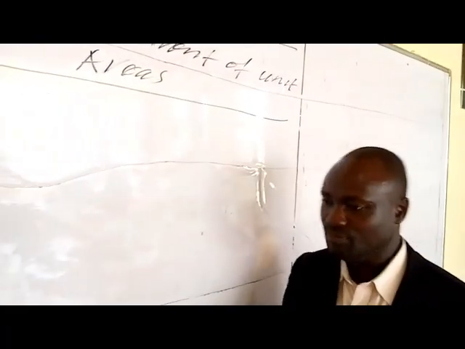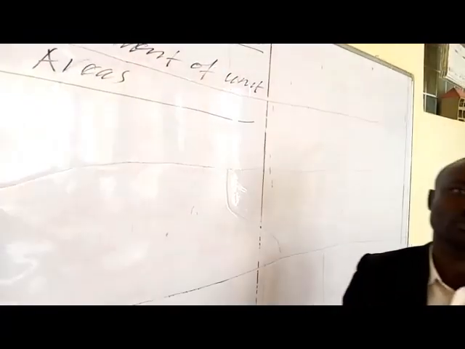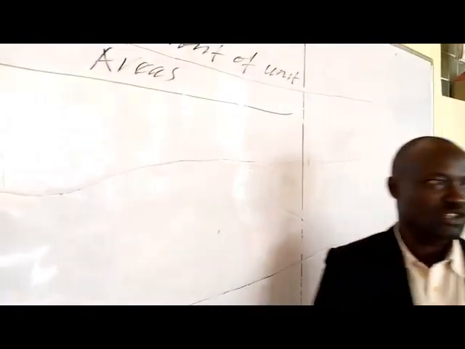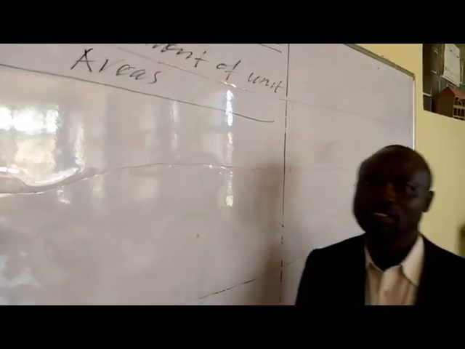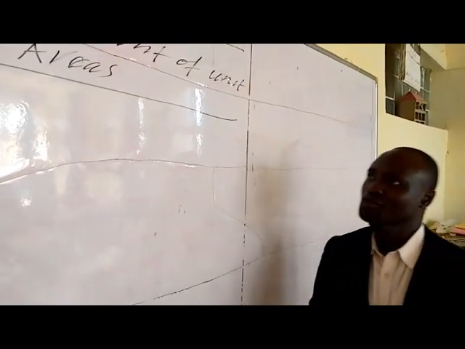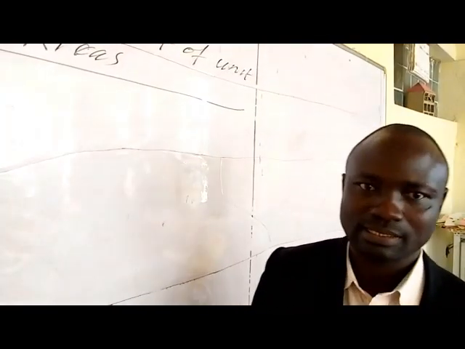Scale here, if we are given a map to measure, first you need to understand the meaning of the scale, what the unit of the scale is, and where and when to apply it.